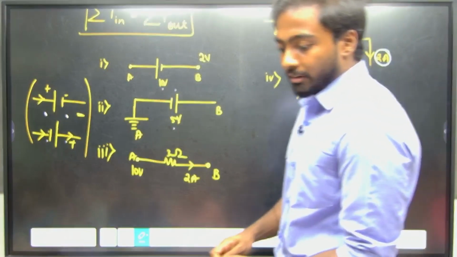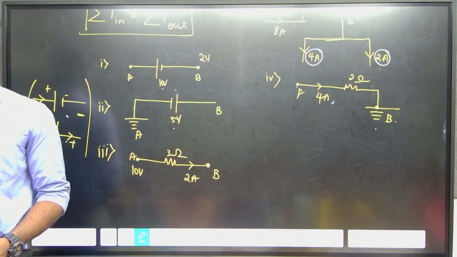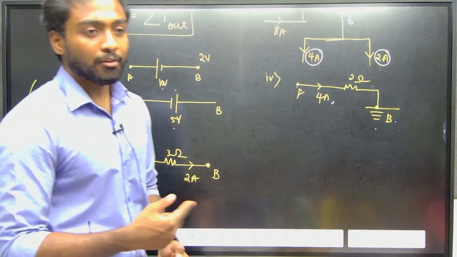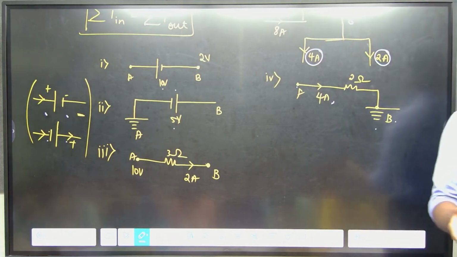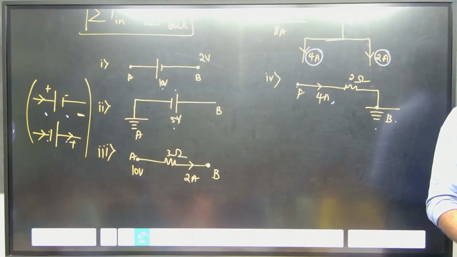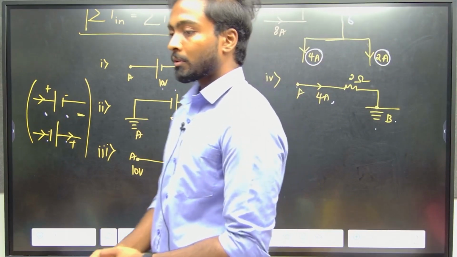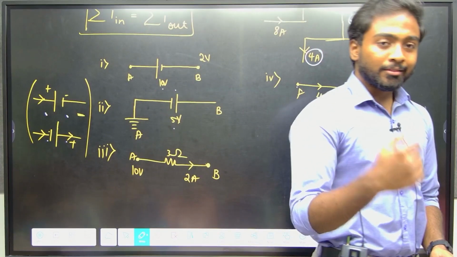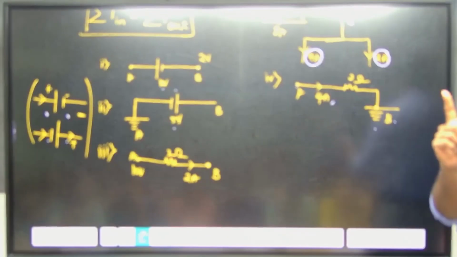So the next point, step number 3: check whether the current flows in the direction or opposite direction. After checking, if it is in your direction, I should consider that as negative.